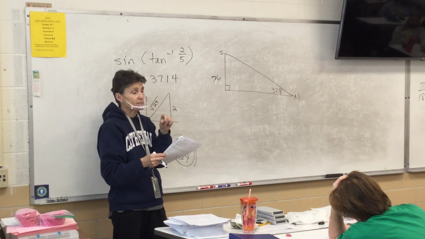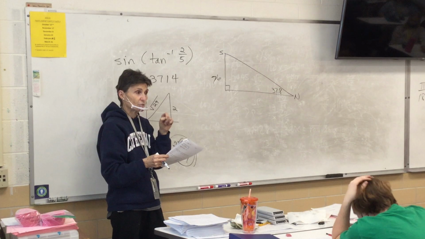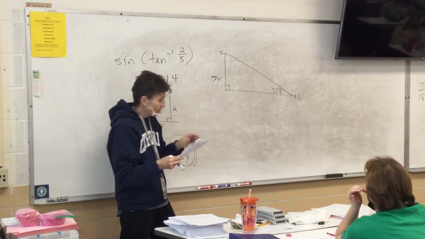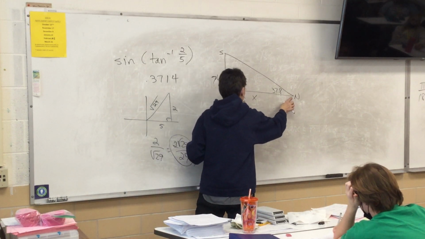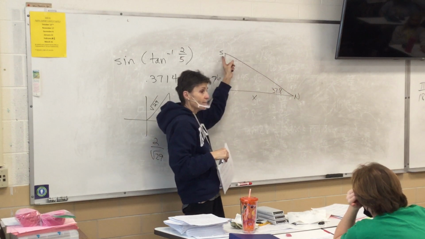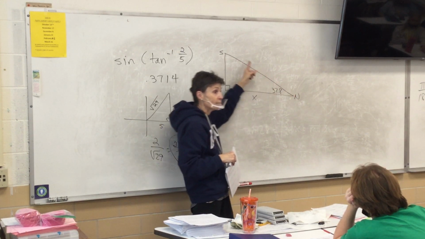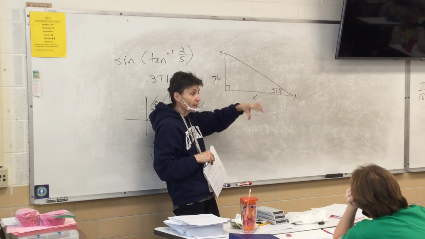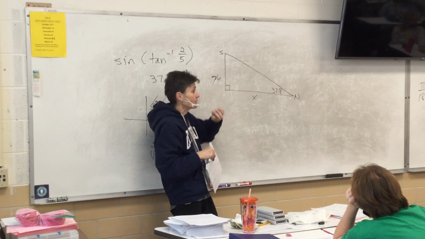Almost always when kids miss these problems, it's because they labeled their picture wrong. Where do we put the X? At the bottom. From the nut to the base of the tree. What's this distance? This would be from the nut to the squirrel. You gotta read. Take your time, slow down, read it twice if you need to.